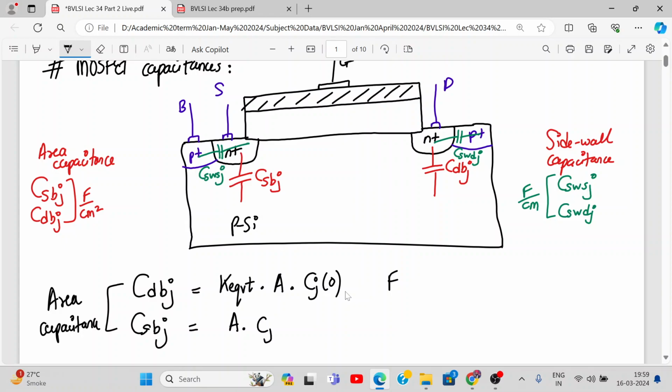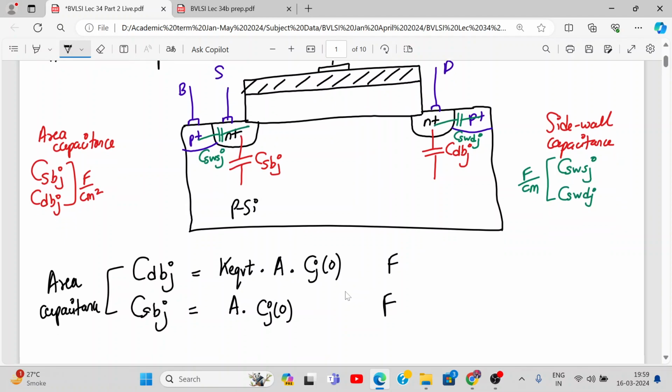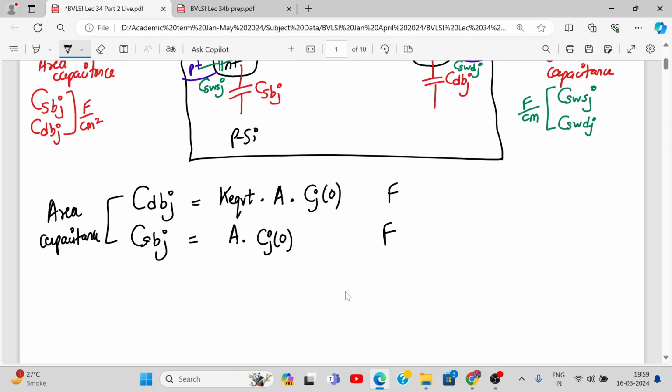Area into Cj0. The K equivalent term will not be present, since the switching doesn't happen at the source end, it happens at the drain end. And that is given in farad again. So we know the formula for Cj0, we know the formula for K equivalent. We can write down the formula for drain to substrate and source to substrate junction capacitance.